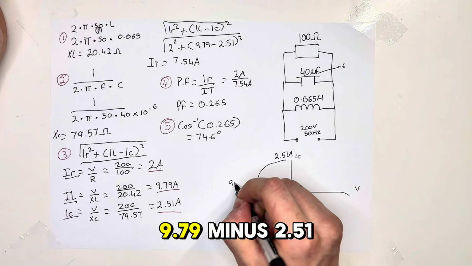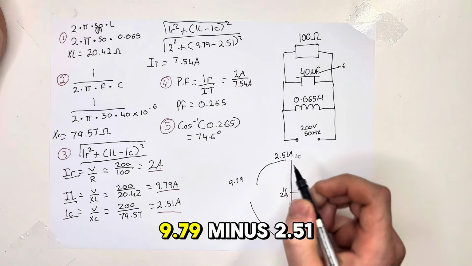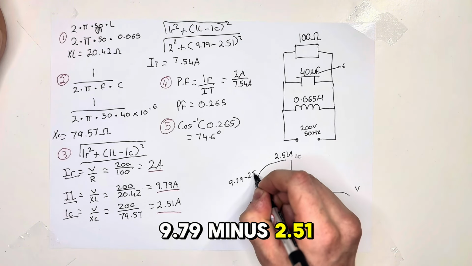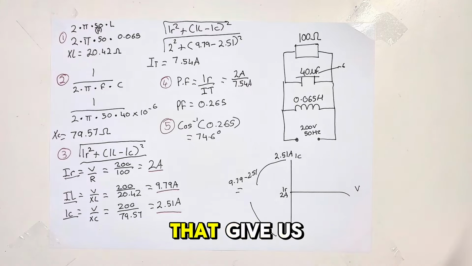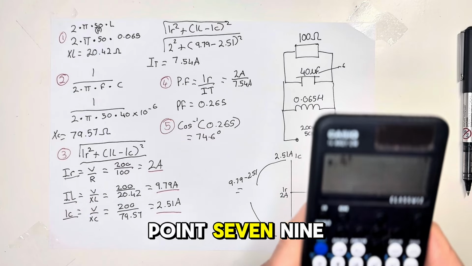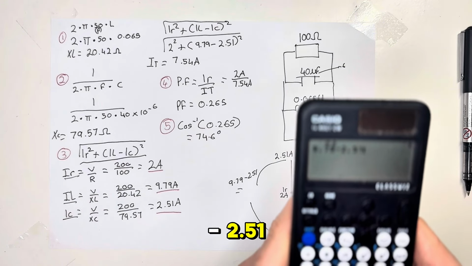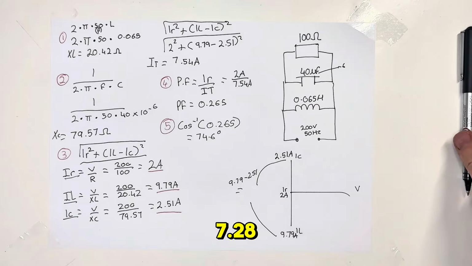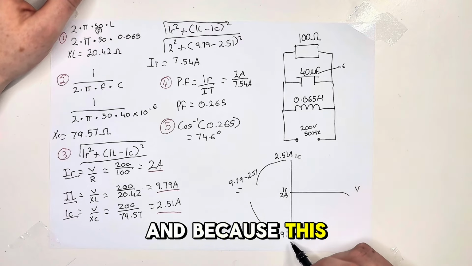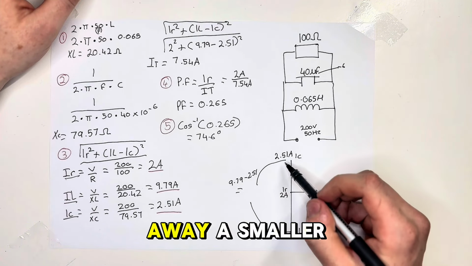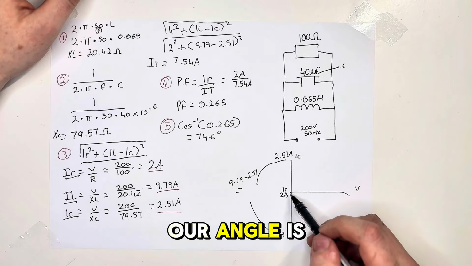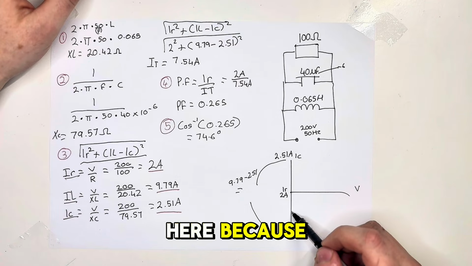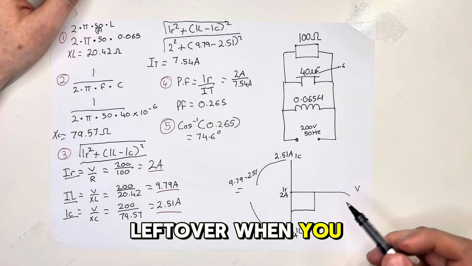So we have 9.79 minus 2.51, and that gives us 7.28. Because this is the bigger side and we're taking away a smaller number, our angle is going to go down to the right here because it has more left over when you take it away.